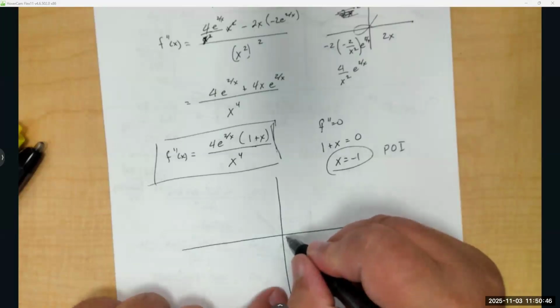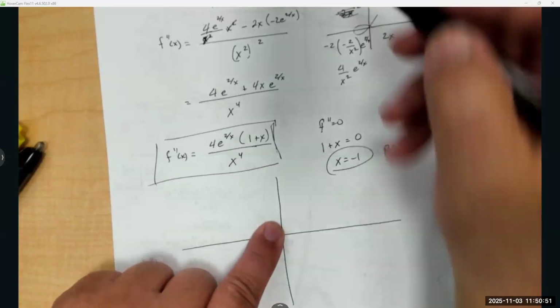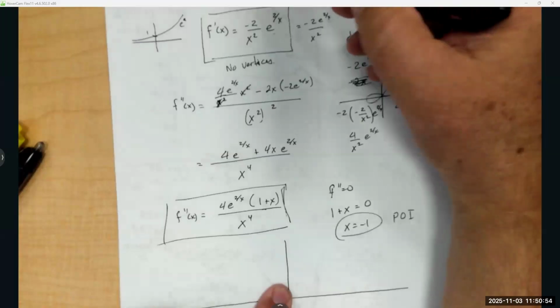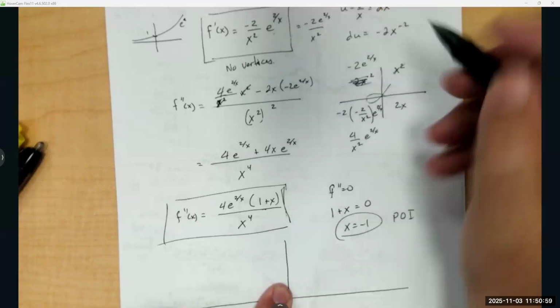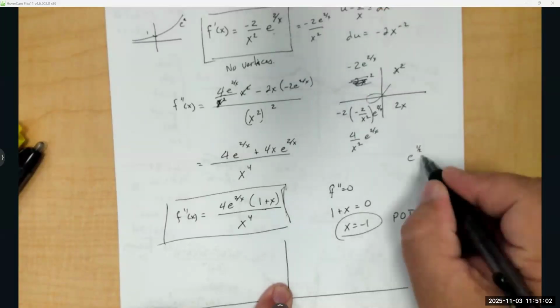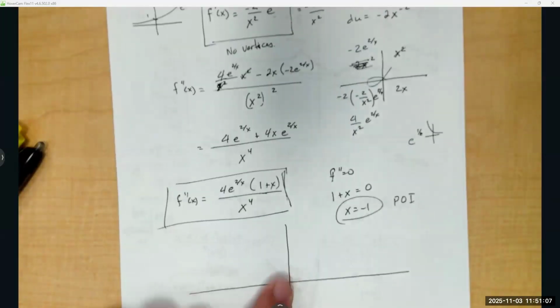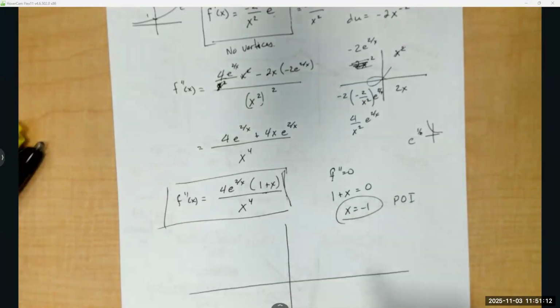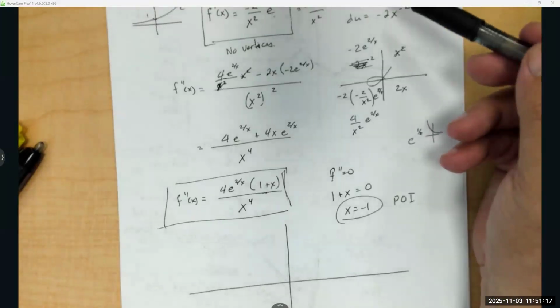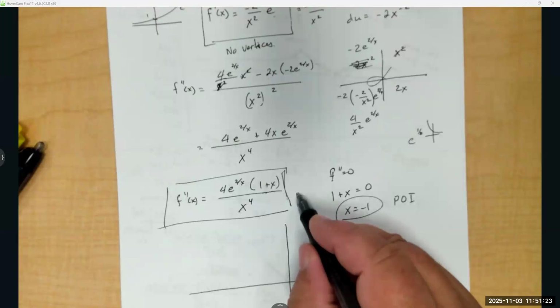So x cannot be 0. So what's it on the positive side? When x is positive, when x is bigger, this gets to be a fraction. Whenever e has a fraction, that means it's a decreasing graph. So the graph just keeps on going.